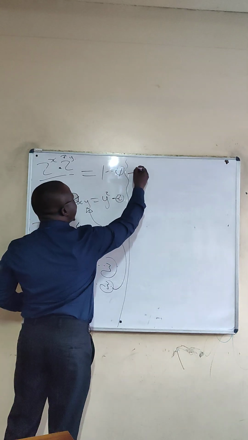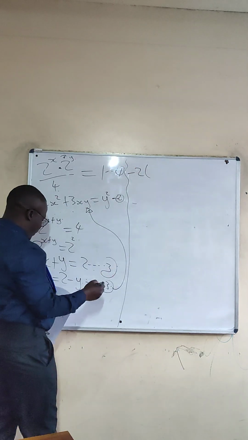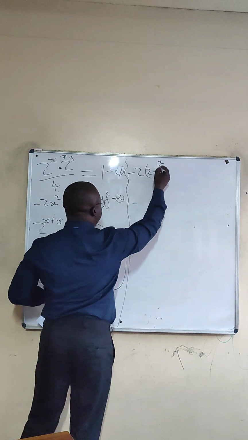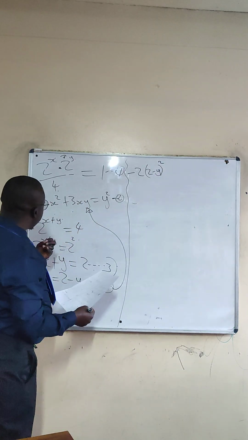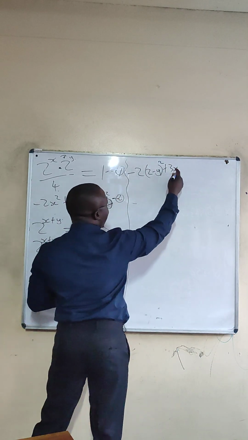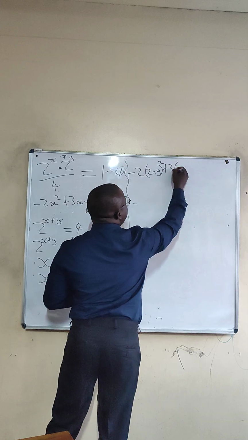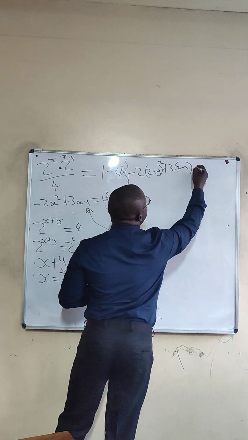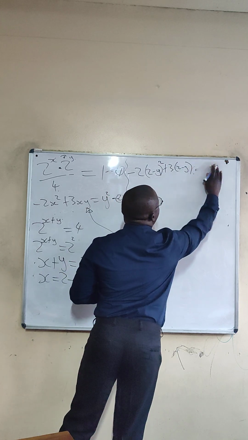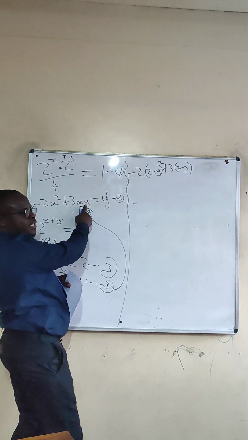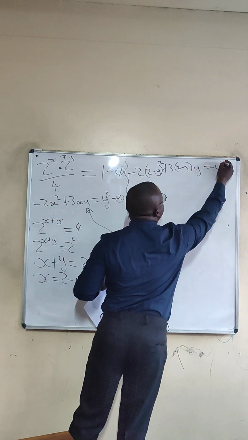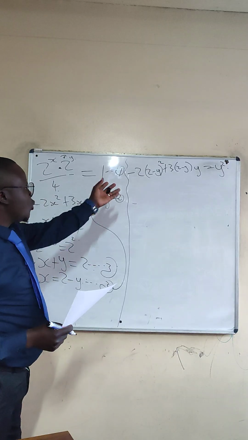We are going to have negative 2 bracket, our x is 2 minus y, and then squared, and then plus 3x, our x is substituted by 2 minus y, and then equals y squared. Before the y squared, don't forget there is a y here, so let's write our y outside being equal to y squared. So we have substituted that.